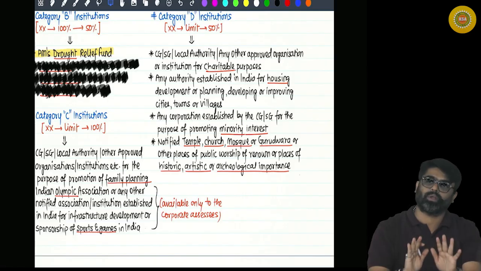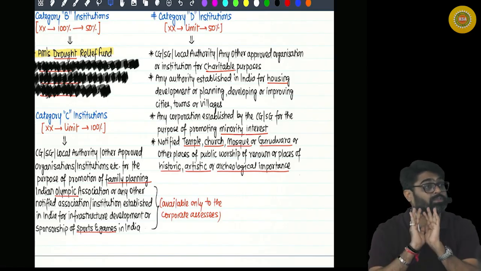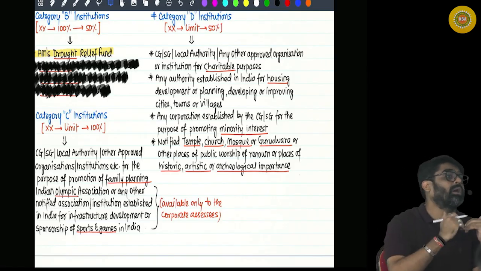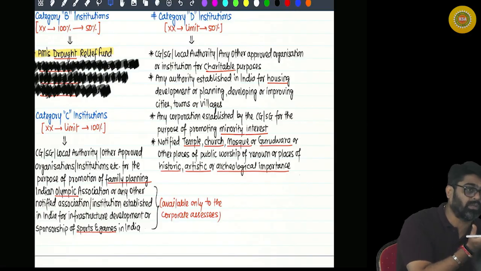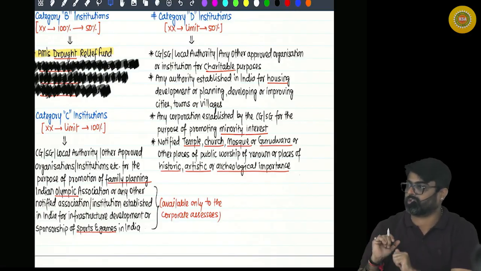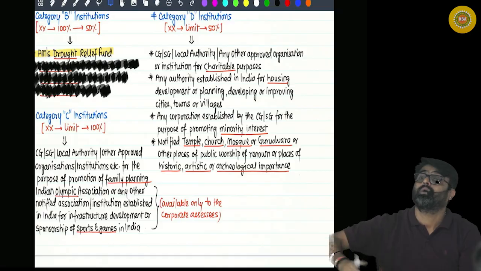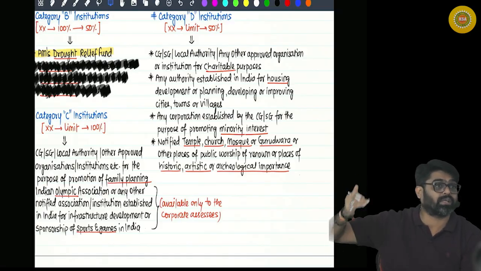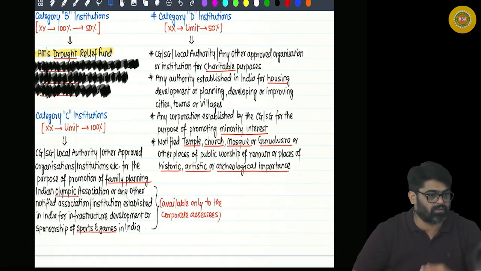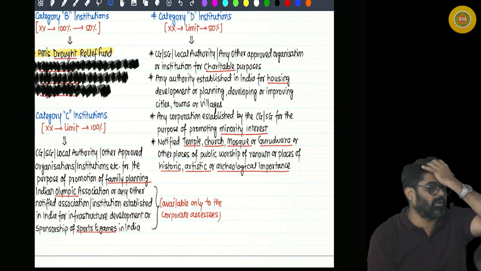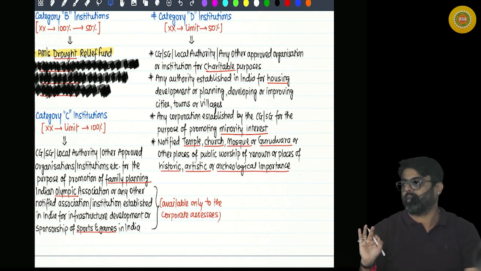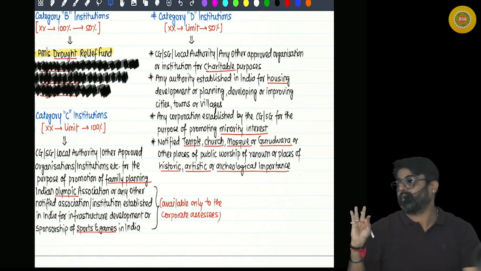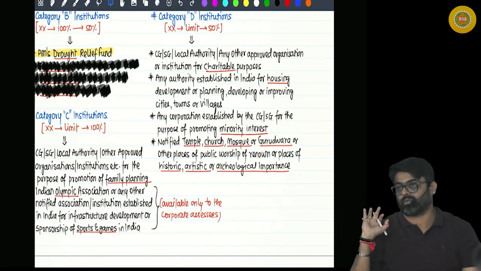So any authority constituted in India for housing development, or for development of cities, towns or villages, infrastructural development of cities, towns and villages. I will call them housing development authorities and infrastructural development authorities.